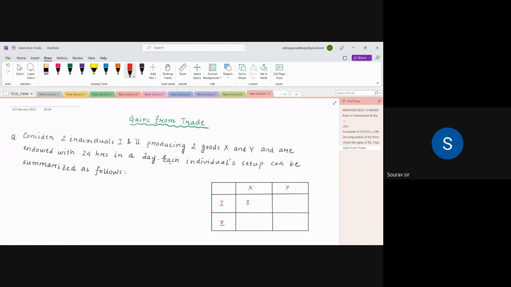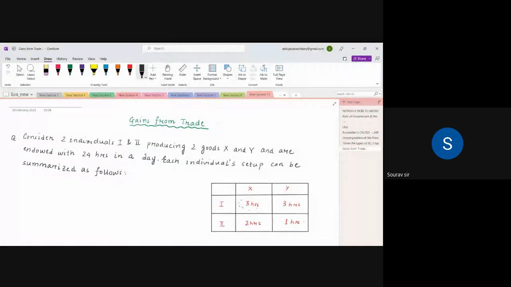This is 3 hours, this is 3 hours, 2 hours, and this is 1 hour. How do we interpret these? Let's say we are talking of this first element, 3 hours. I mean to say that to produce 1 unit of good X, individual 1 will require 3 hours of time. And likewise, we will be interpreting everything else.